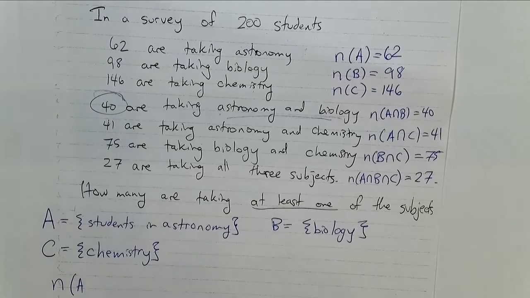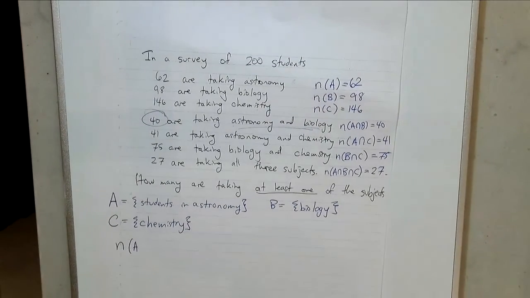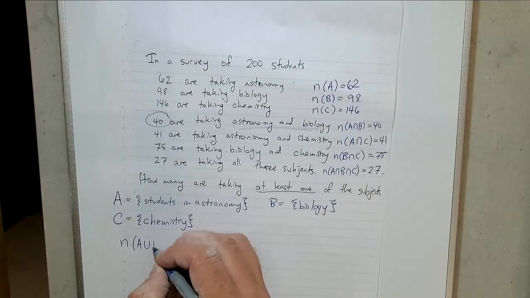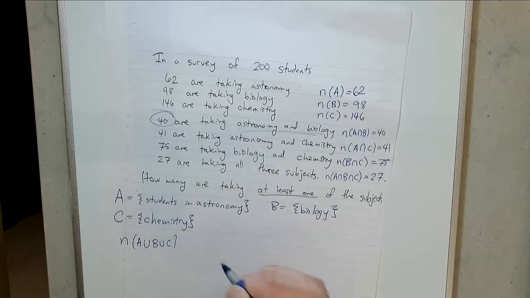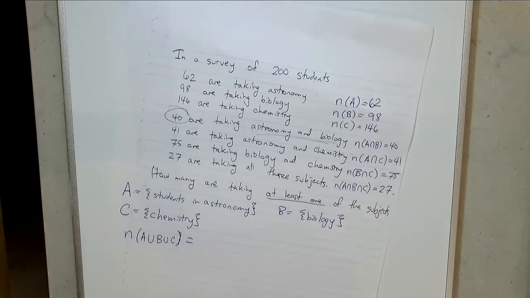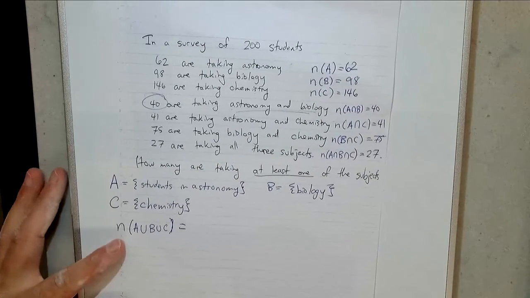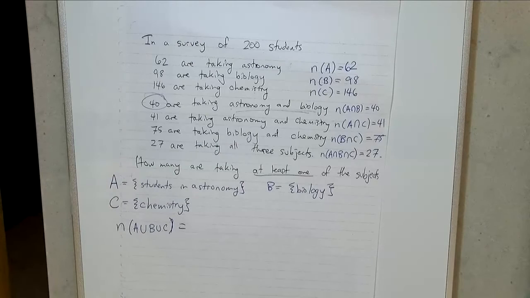So we're computing N of A union B union C. We just use our principle of inclusion-exclusion formula. So I just take this plus this minus these things plus that thing.